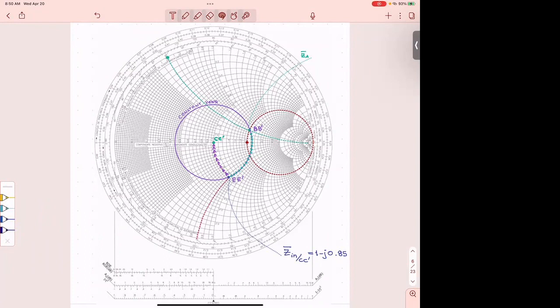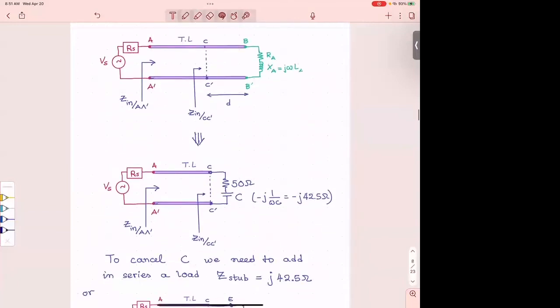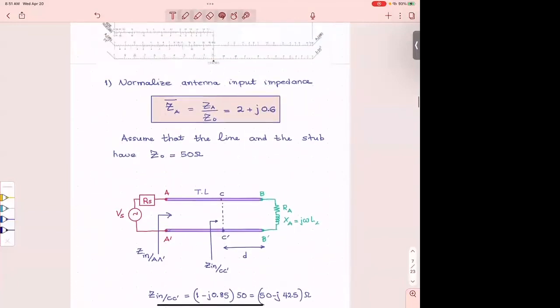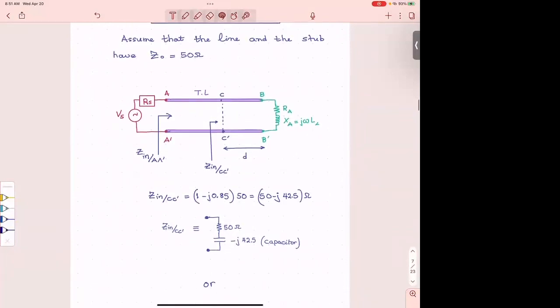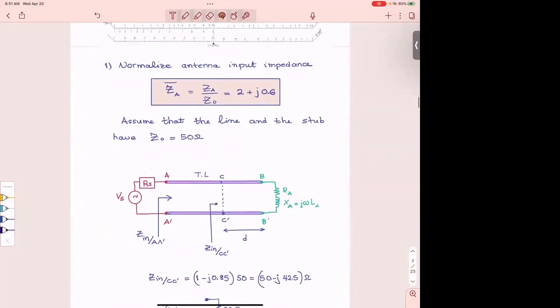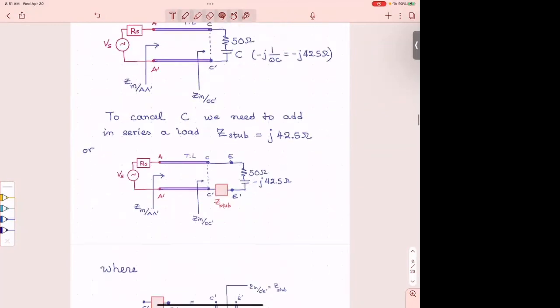So what does that mean now? Okay, I decided what I'm gonna do on the Smith chart, but now I want to understand physically what that means. I know that as I move along the purple circle, practically I move along the line. I have the E prime there.